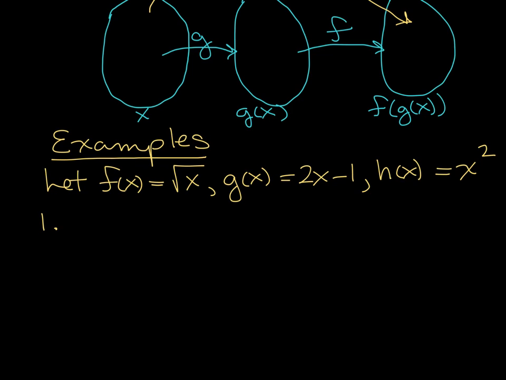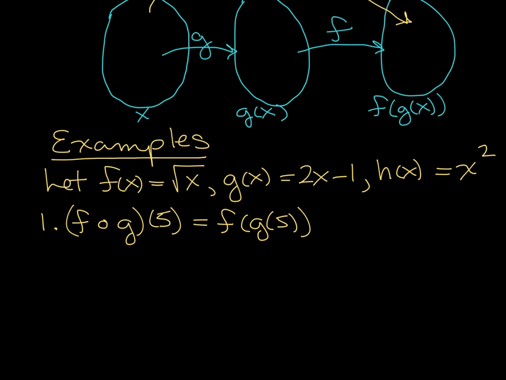So example 1. We're going to compute f of g of 5. So f of g of 5 is f of g of 5, written this way, which is f of, now what is g of 5? Well, g of 5 is 2 times 5 minus 1, 10 minus 1, which is 9.